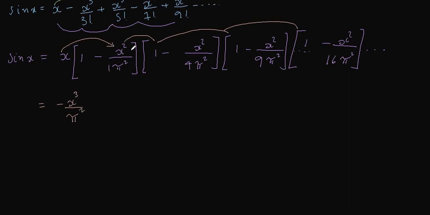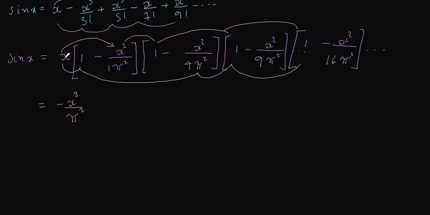Then let's take the next term. For the next one we multiply x by 1, let me change color here. So we multiply the x by 1. Then on the second term we multiply this by this guy. Then the rest we multiply by 1, and so on.